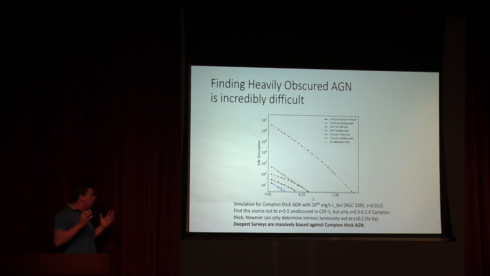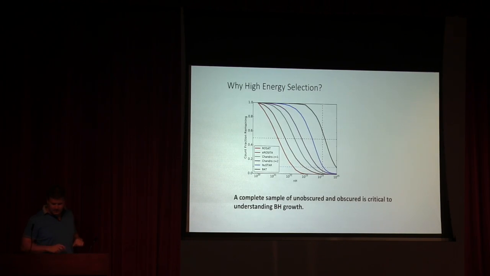So we are very good at detecting unobscured AGN in X-rays. But for detecting Compton-thick AGN, we know almost nothing. They're really hard to detect. Sometimes people forget and assume we know everything about nearby galaxies, but we have all these NGC galaxies where we're finding Compton-thick AGN with NuSTAR.